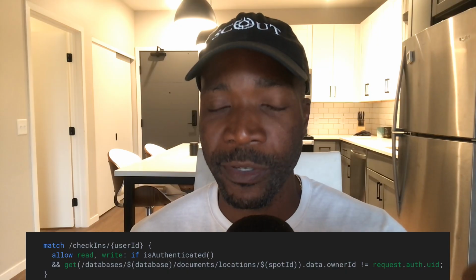And what that security rule does is it checks if the person is authenticated, clearly, but it also checks whether the person trying to check in is the owner of this spot. That's what the second line is. And if they are, they can't access this part of the database. The database basically rejects the write, and the cloud function logic doesn't even trigger. So all these conditionals I was writing within the cloud functions were removed by one security rule.